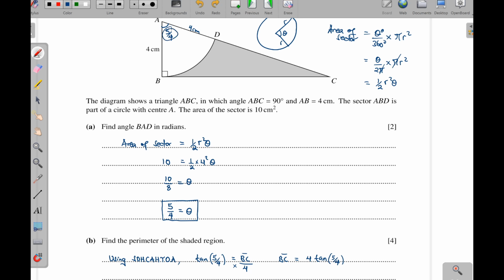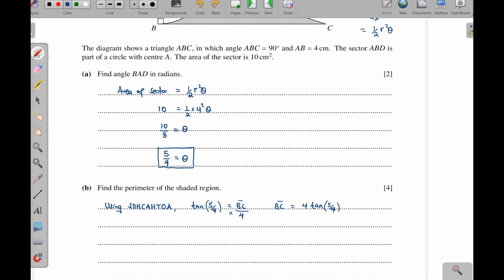So relative to this angle, this SC is the hypotenuse, and then this one here is the adjacent. So hypotenuse and adjacent are related by the cosine, not so? So we shall have cosine of 5/4 equal to the adjacent, which is 4, over the hypotenuse, which is SC.